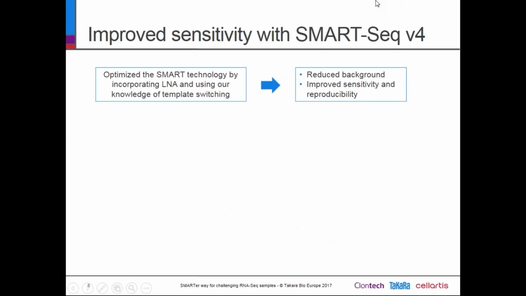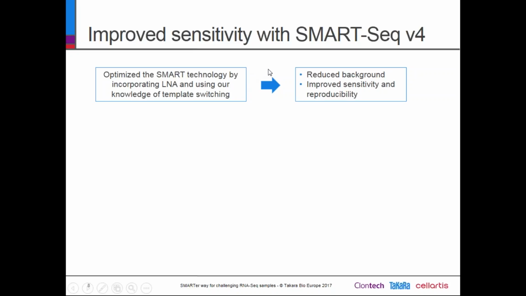So as you have noticed, the name of this kit is version 4, meaning that we have had other versions in the past. And indeed, we strive to continuously improve the technology to provide the most sensitive results.